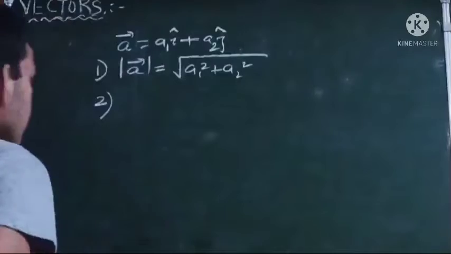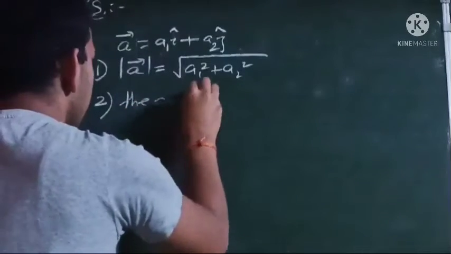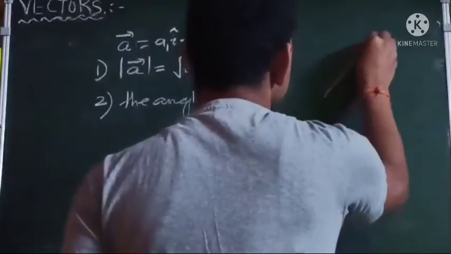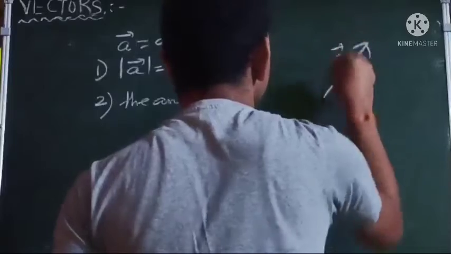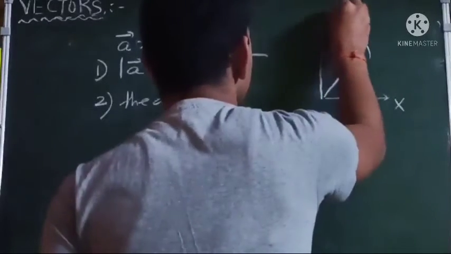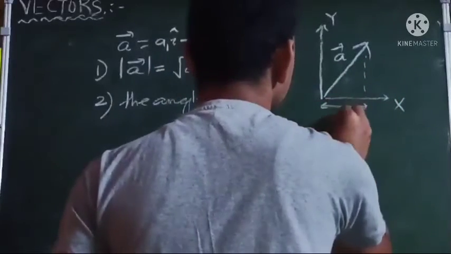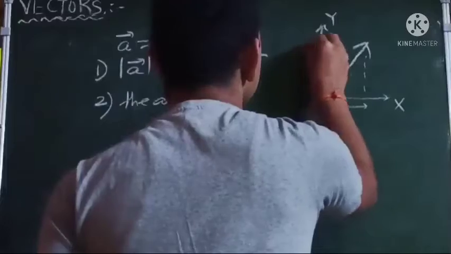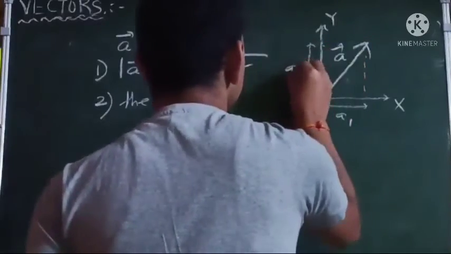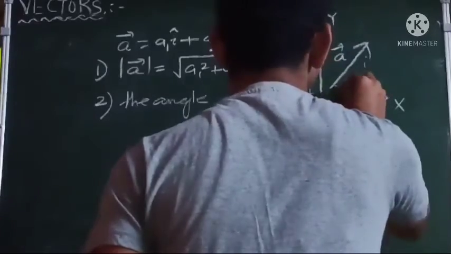Next, the angle. Let's draw the diagram first. This is suppose A vector, this is suppose x direction, and this is suppose y direction. Then this length is A1 and this length is A2. Let this be theta.